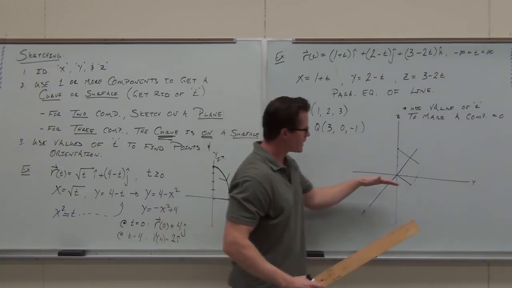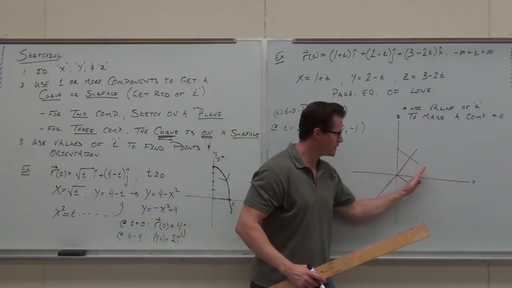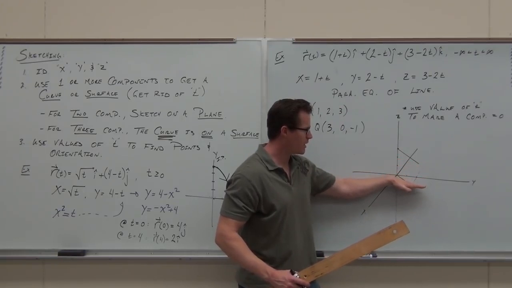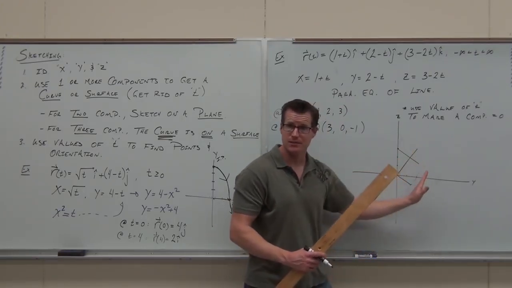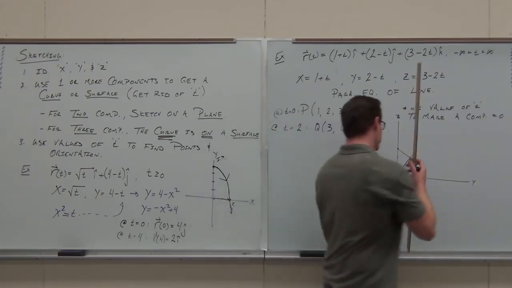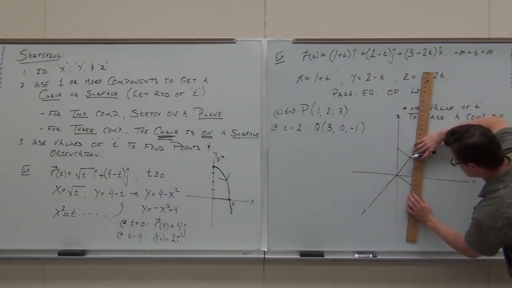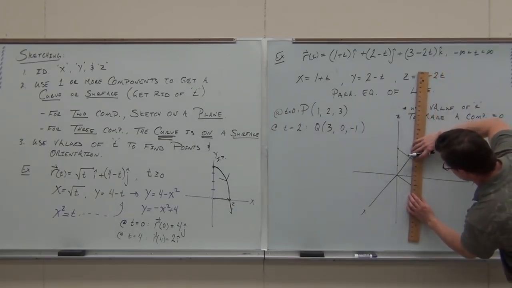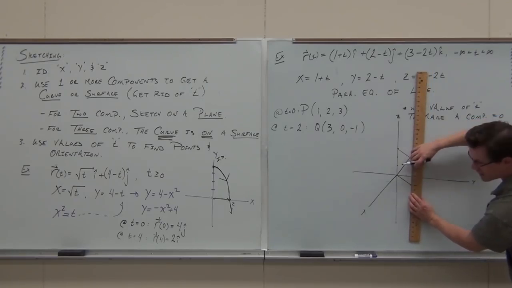And then, just like we drew the parallel to the x, just like we drew the parallel to the y, we're also going to draw the parallel to the z, but you're going to do it from your projection.